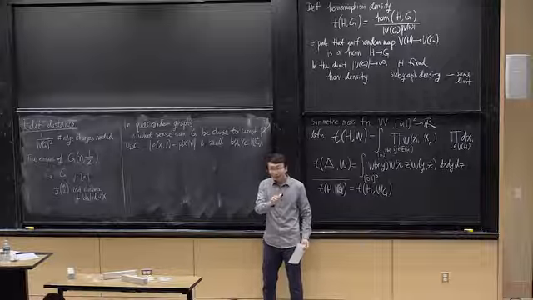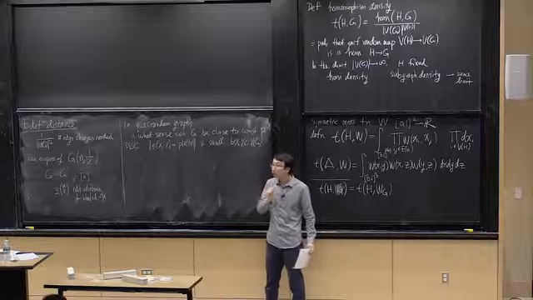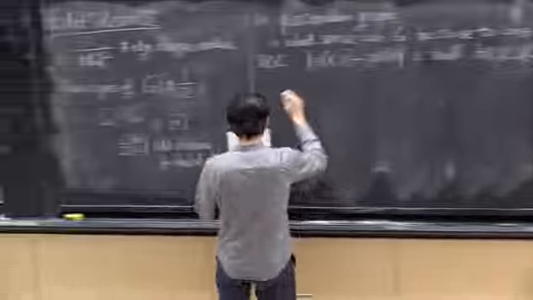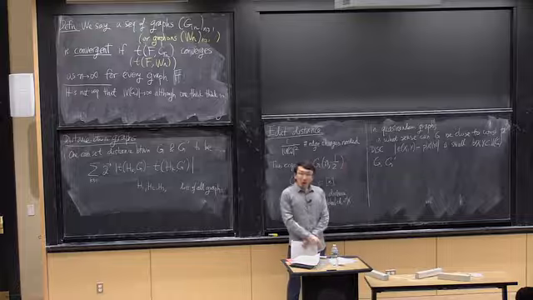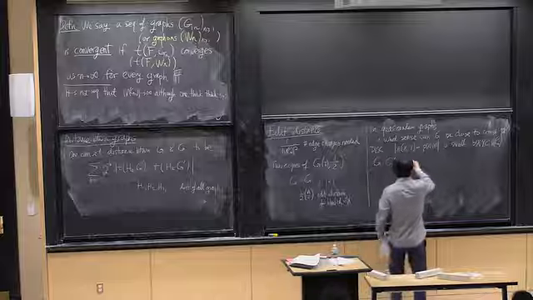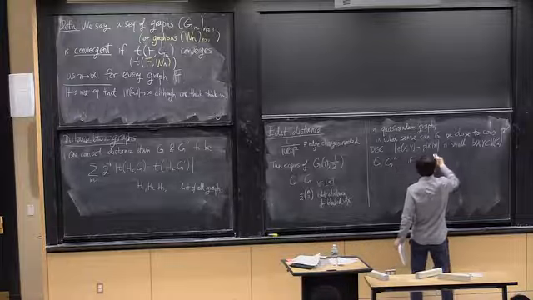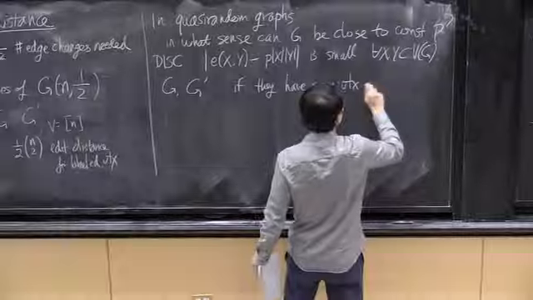So now, instead of a graph and a number, what if I have two graphs? I give you two graphs, G and G prime. For now, suppose they have the same vertex set.